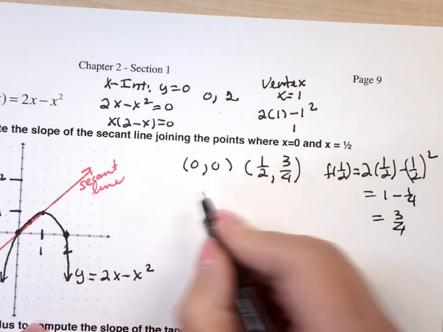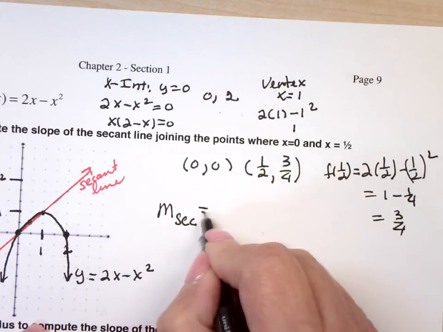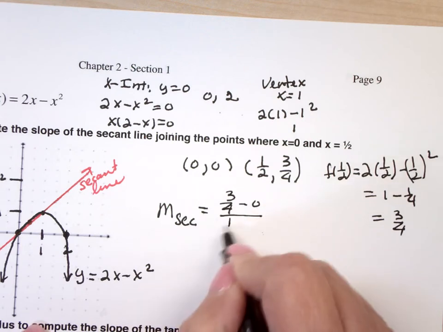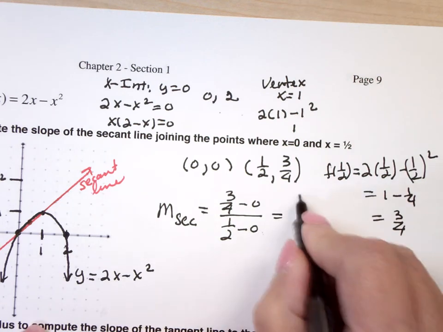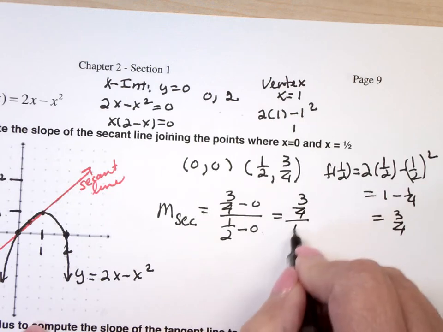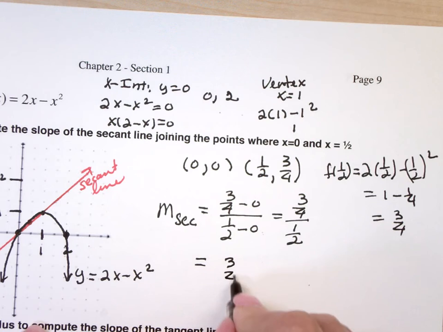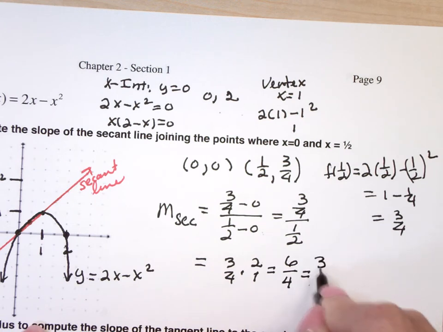So now I have my 2 points. The slope of the secant is (3/4 minus 0) divided by (1/2 minus 0), which is 3/4 divided by 1/2, or 3/4 times 2 over 1, which is 6 over 4, or 3 over 2.